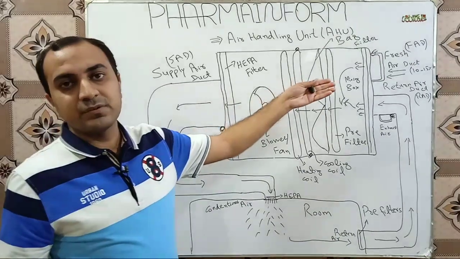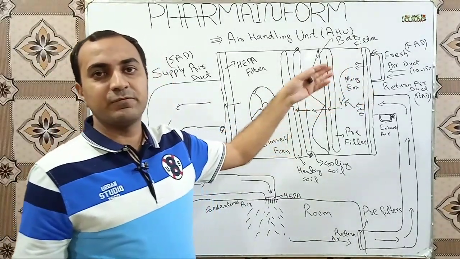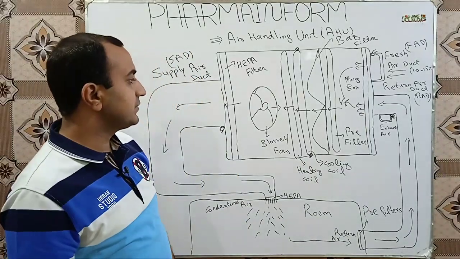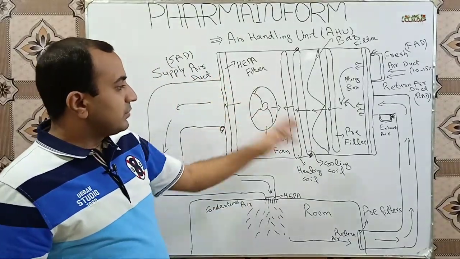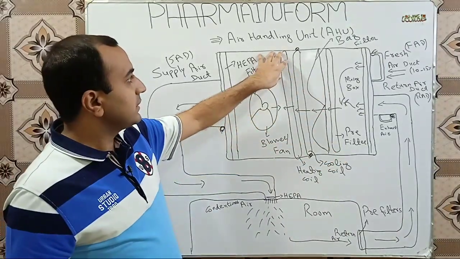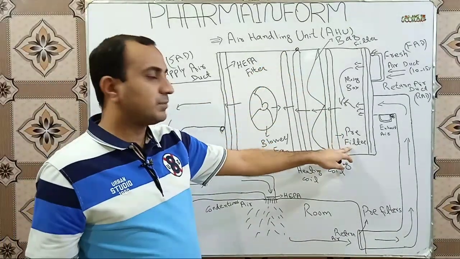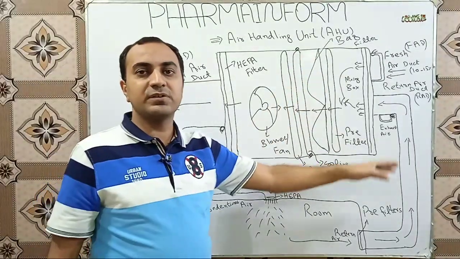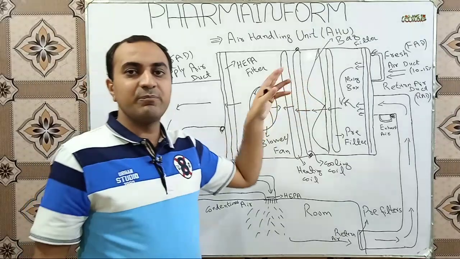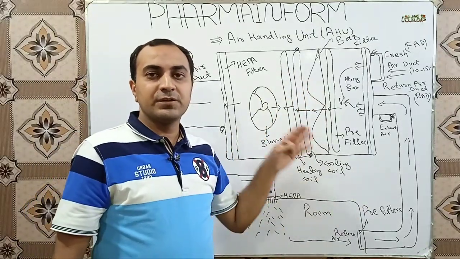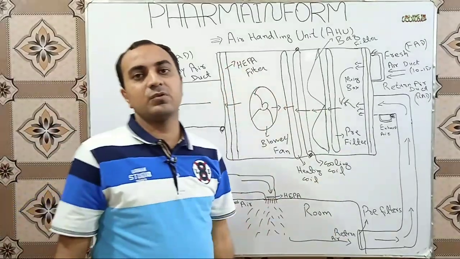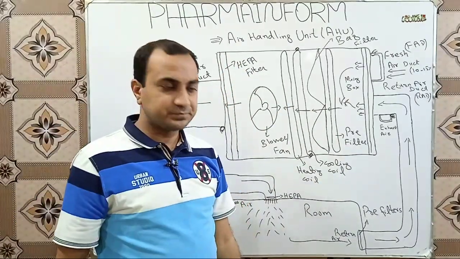I tried my best to explain the working of a heating, ventilation and air conditioning system. We will discuss in detail each and every component of the AHU. We will discuss pre-filters. Pre-filters are also known as primary filters. We will discuss bag filters. Bag filters are also known as secondary filters. We will also discuss HEPA filters, which are known as tertiary filters.